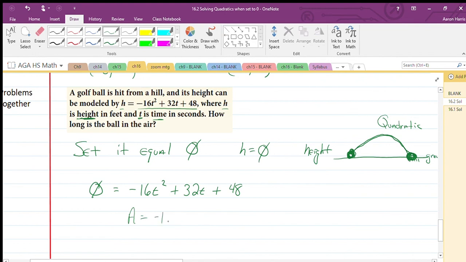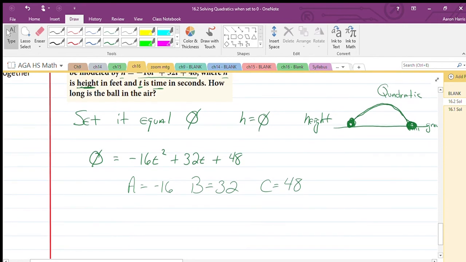Negative 16. B is equal to what? 32. C is equal to what? 48. Now, immediately what do you see? All of these are even numbers. So what should we always do? We should factor out a number.